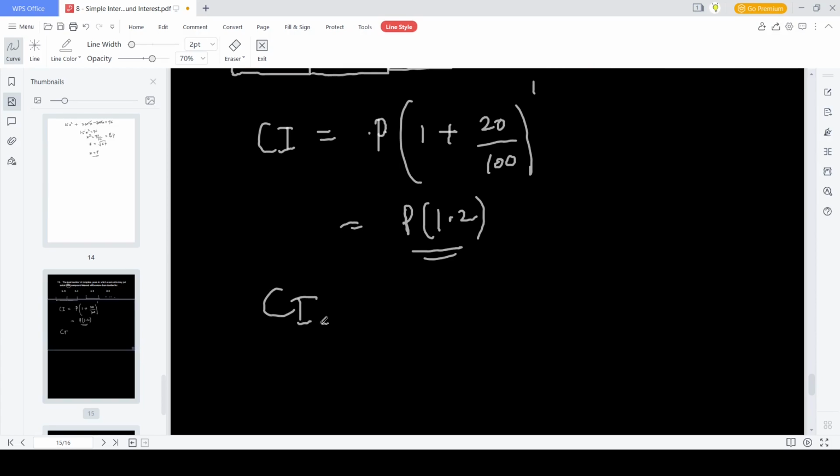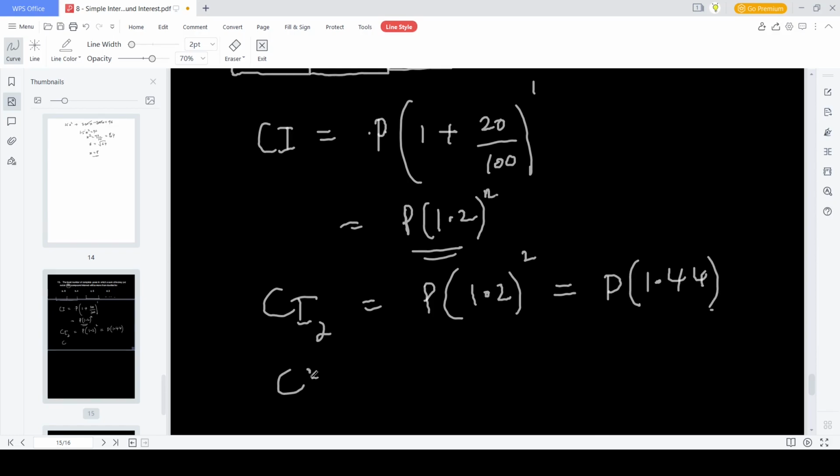So I will go for the second year. In the second year, it is P into 1.2 square, because you just raise it to the power n. 1.2 square is P into 1.44. Not double. So I'll go for the third year. This is principal into 1.2 the whole cube. 1.2 cube is 1.728, which is P into 1.728.